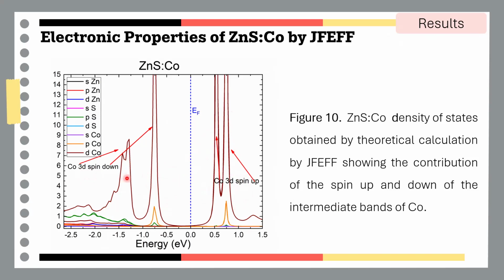A third contribution is observed, but at a lower intensity compared with the others, located near the edge of the conduction band. The high intensity of these peaks compared to the contributions of zinc and sulfur suggests a predominantly localized character of the dopant-induced electronic states.